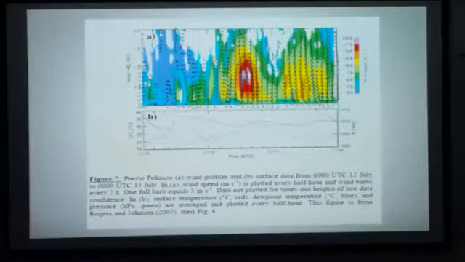What you're seeing is the time series of the wind profiler data with the wind speed indicated in the colors here, with height up to 2 kilometers. And you can see that here is the surge occurring between the 13th and the 14th, and it's through a fairly deep level up to about 1.5 kilometers, and its occurrence is fairly abrupt.